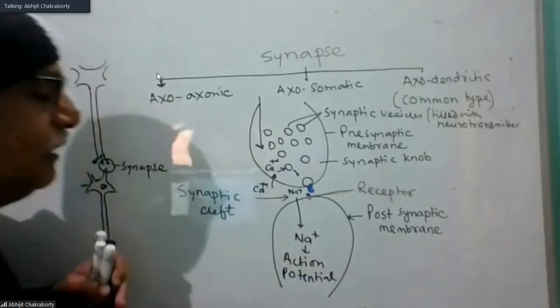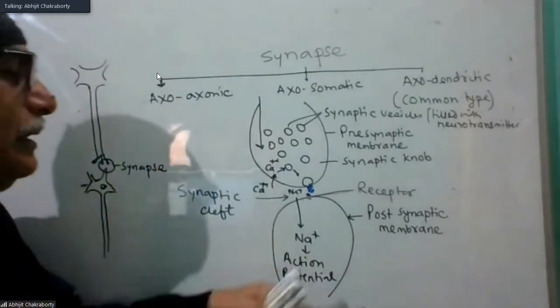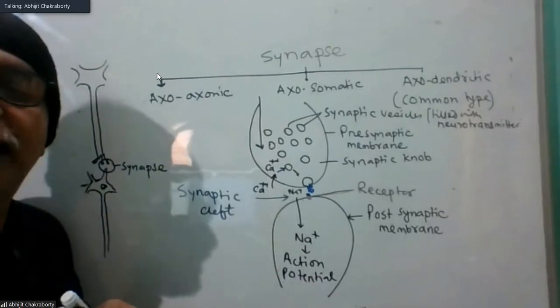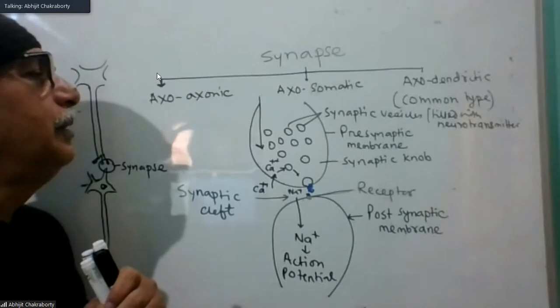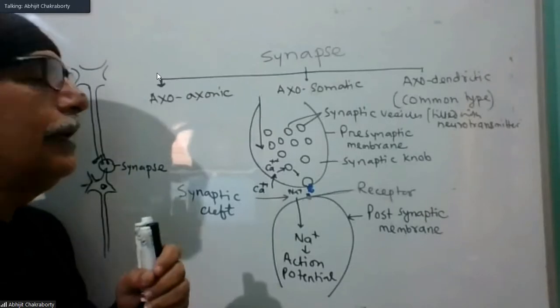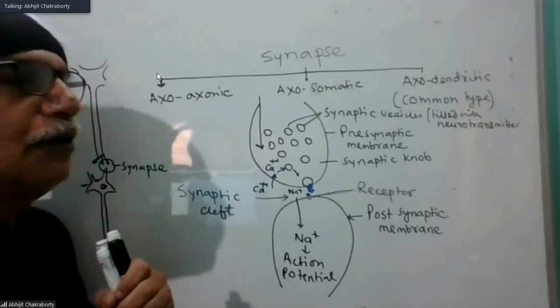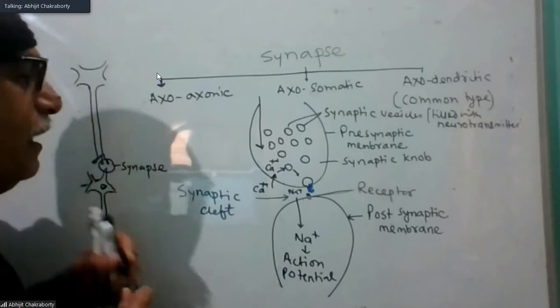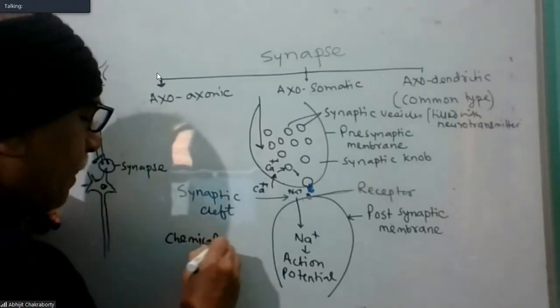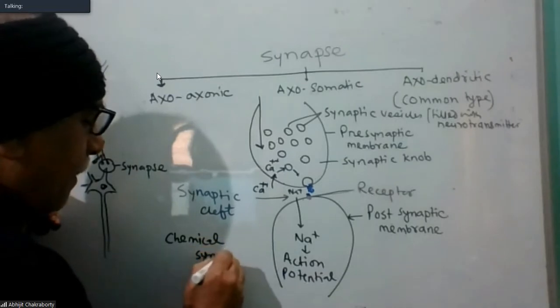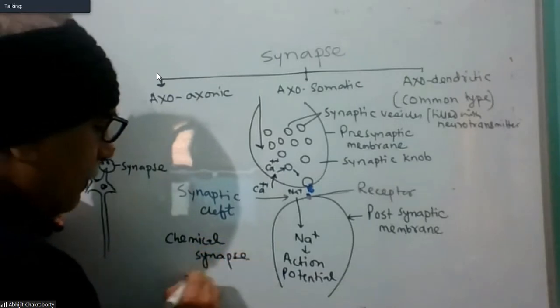Once action potential is developed, impulse is carried to the dendron site. This is how impulse is propagated through the synapse. Such a type of synapse is called chemical synapse.